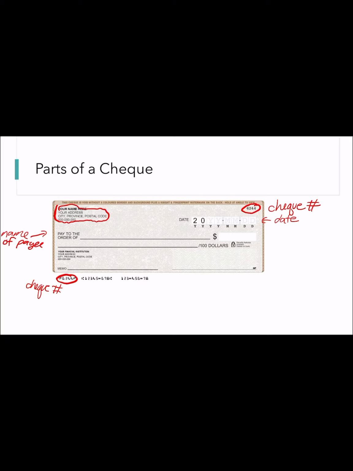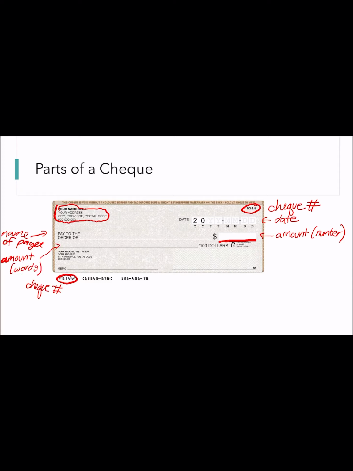So here you write the amount in number. So you just write your total in this box here, right? And then here on this line, you can write the amount in words.